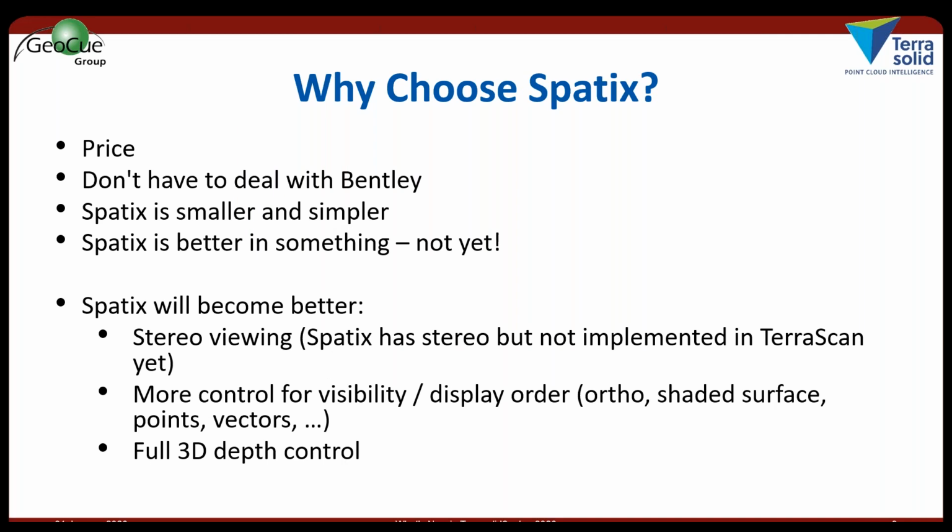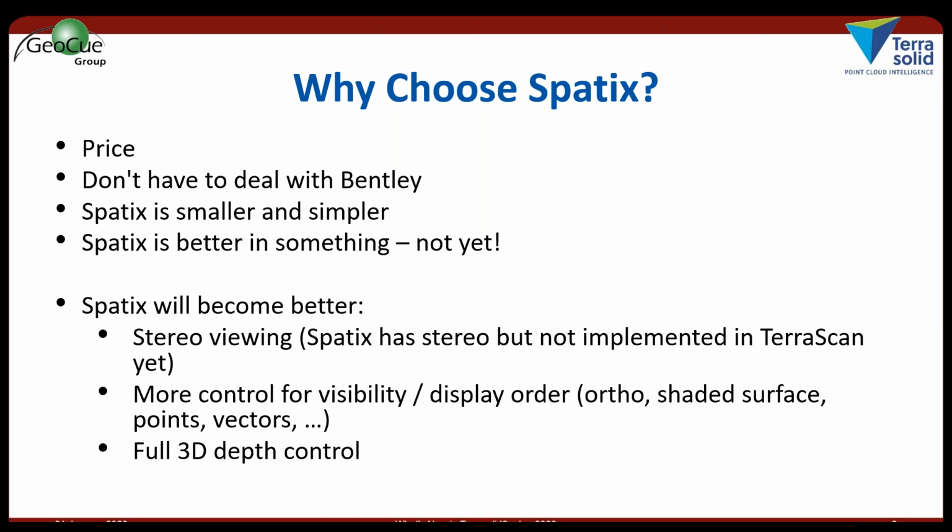There are some things that Spadex will become better at doing. It isn't currently, but there are some things that we expect it to. One of the big things will be more control for the visibility and display order. That's definitely not there at the moment. The visibility display order is kind of dependent upon which way you load the packages in.